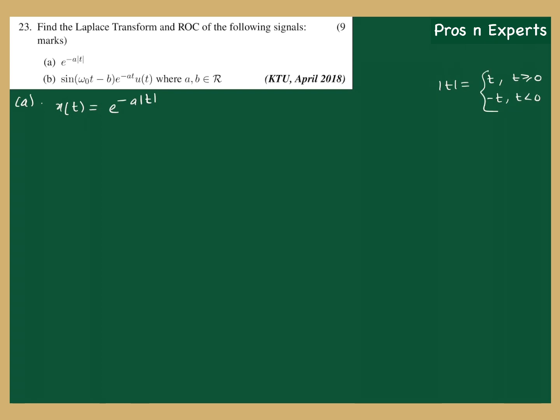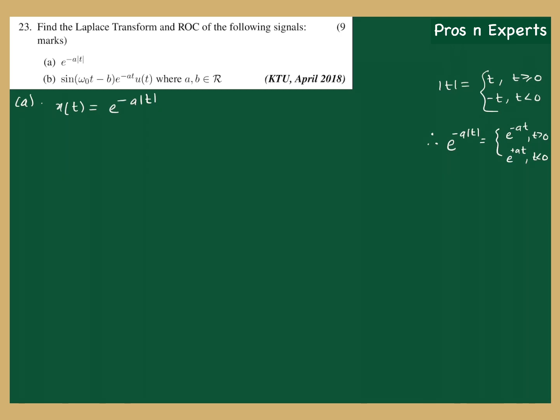You can make use of this definition for mod t. Therefore, e raised to minus a mod t will be equal to e raised to minus at for t positive and e raised to plus at for t negative. Okay, so let us apply this and find out the Laplace transform for e raised to minus a mod t.